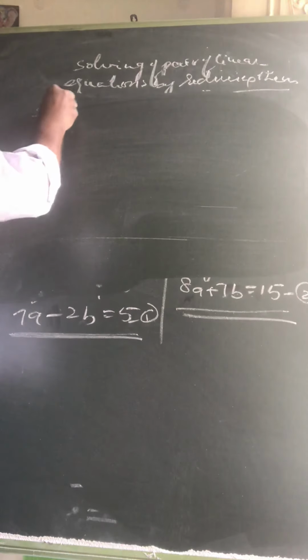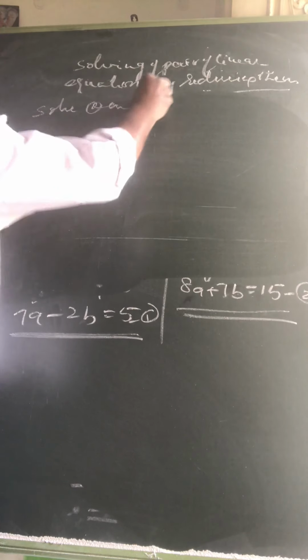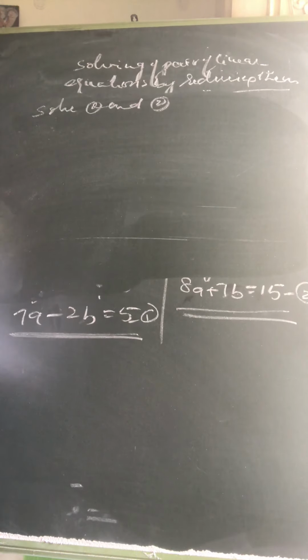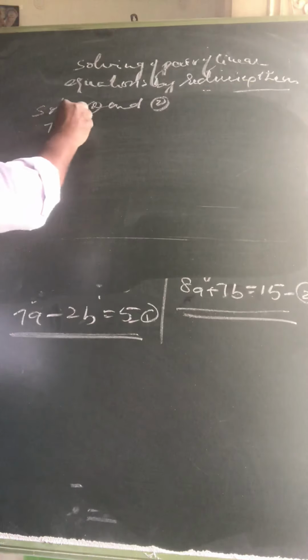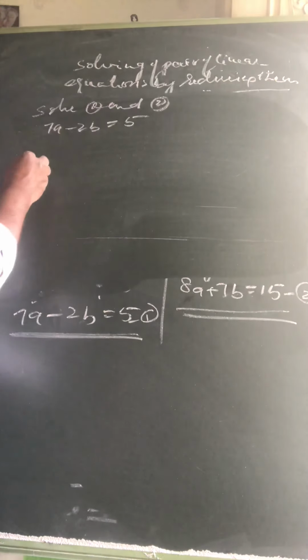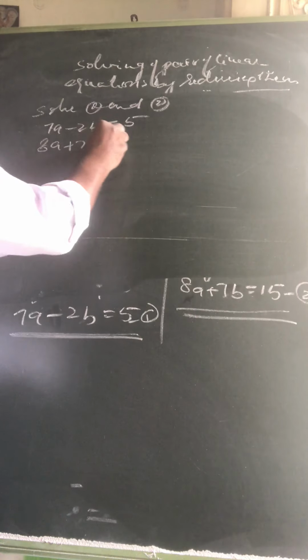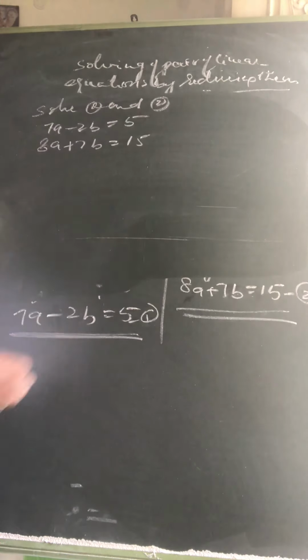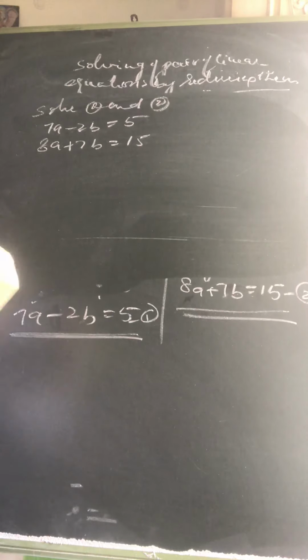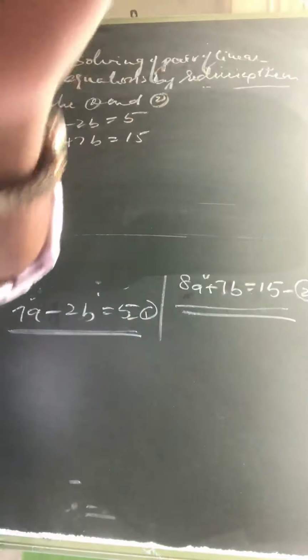Solve 1 and 2: 7a minus 2b is equal to 5, and 8a plus 7b is equal to 15. Now, how to solve it by elimination? Multiply the first by 8 and the second by 7 to make the terms of a equal.